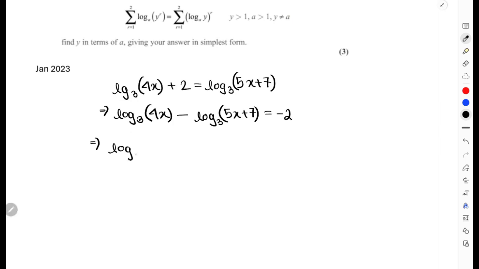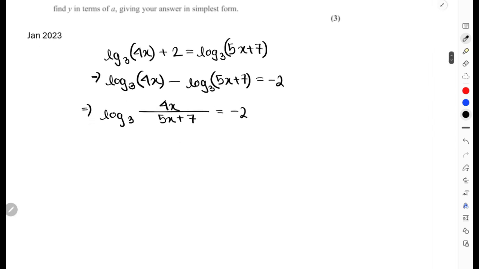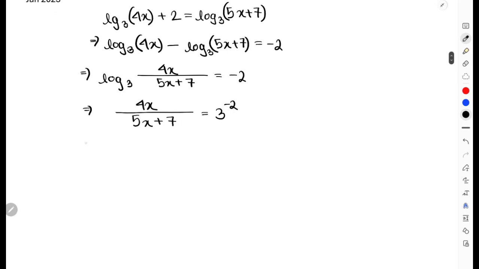So you have log base 3 of 4x over 5x plus 7 is equal to minus 2. So you take that base to the right hand side. So now you have 4x over 5x plus 7 is equal to 3 to the power of negative 2, which is going to be 1 over 9.